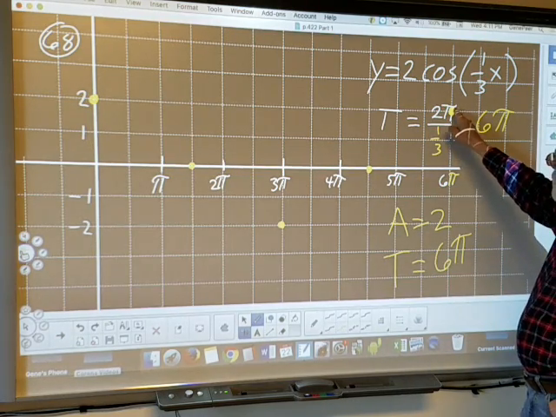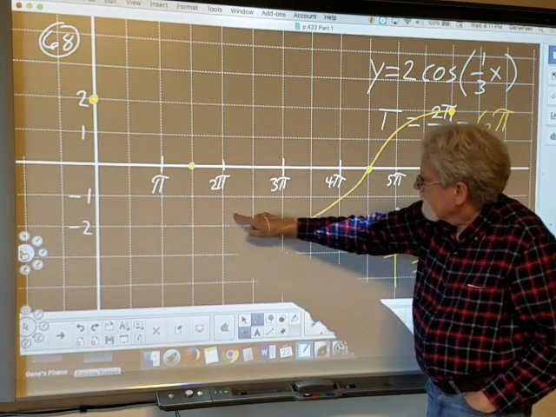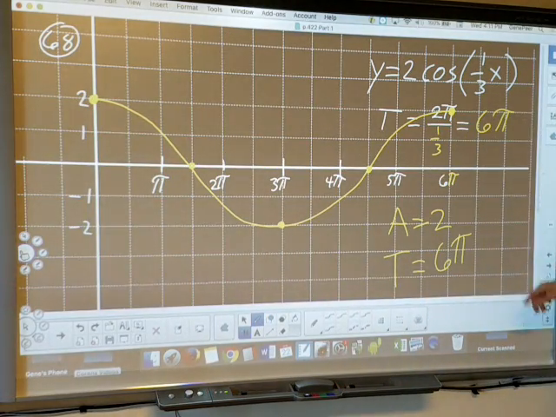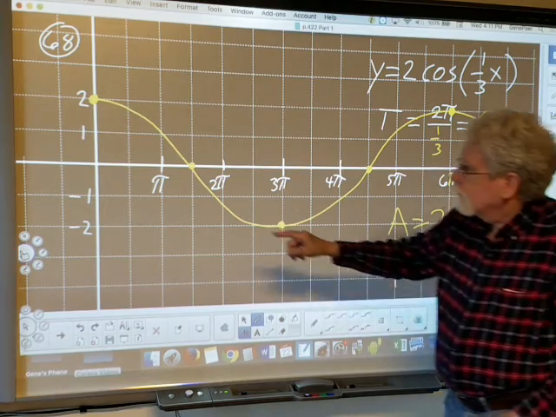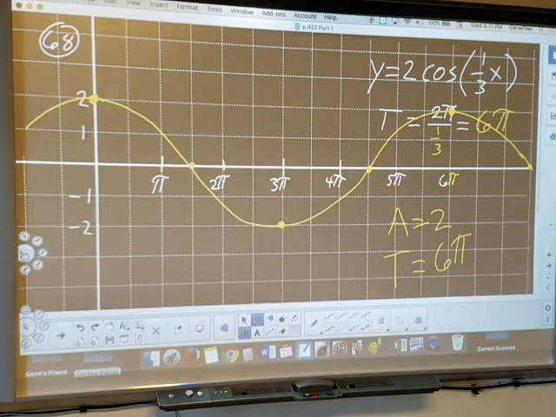Now we just connect with our nice smooth curve. And you've got it. We probably should continue, but it's hard to do that. It's going to go through here, and here it's going to go off the scale. And there we have 2 times the cosine of 1/3 x.